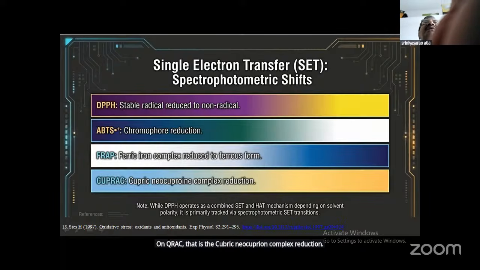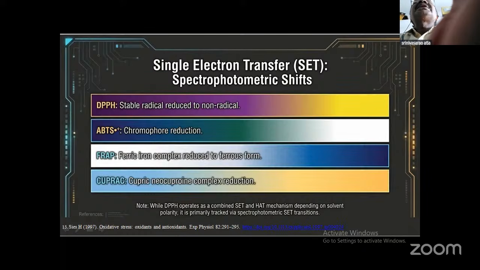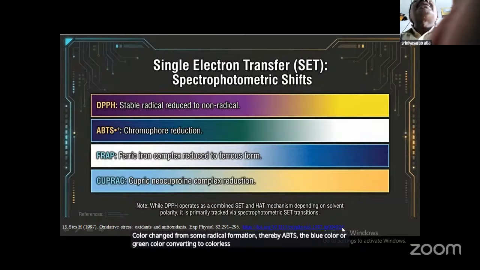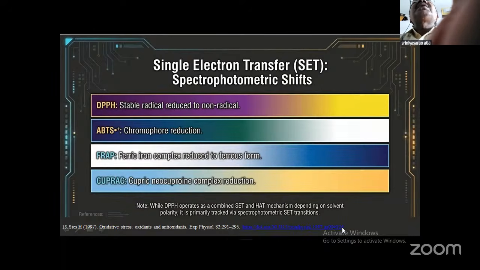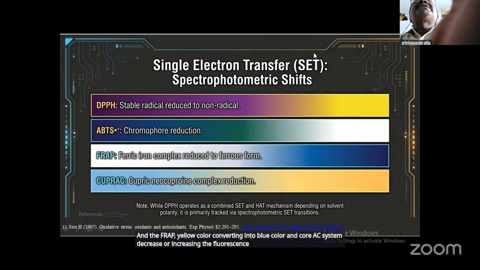In the DPPH method, the color changes with radical formation, thereby ABTS, the blue or green color converting to colorless, and the FRAP, yellow color converting into blue color, and the ORAC system decreases the fluorescence, and the CUPRAC method, light blue or green color to yellow-orange.